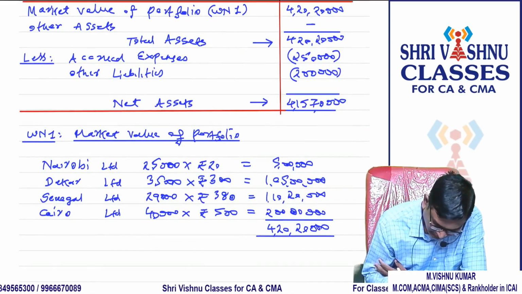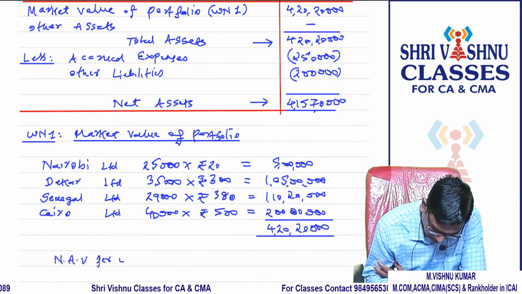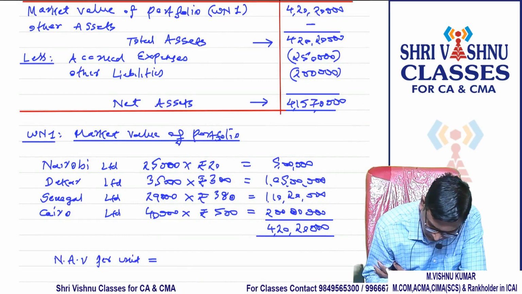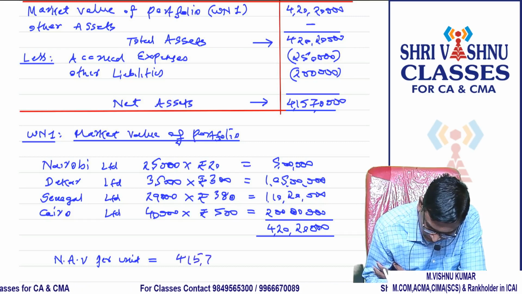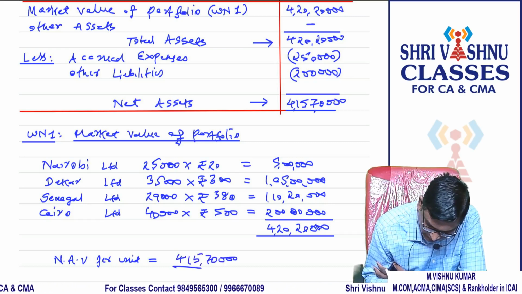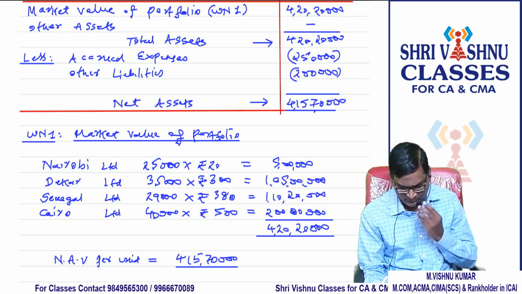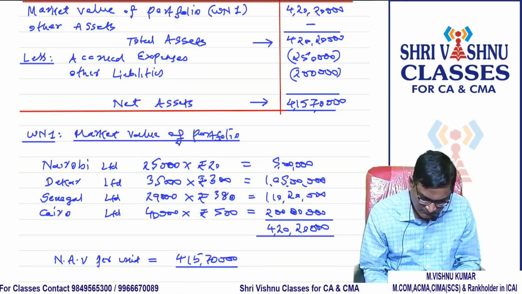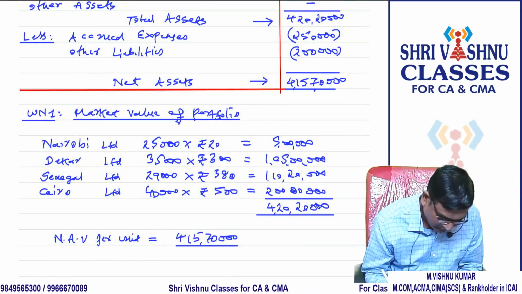Next, NAV per unit. 4 crore 15 lakhs 70,000 divided by how many units? 10 lakh units.